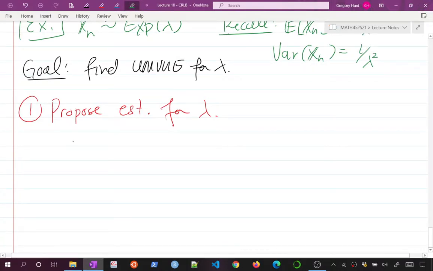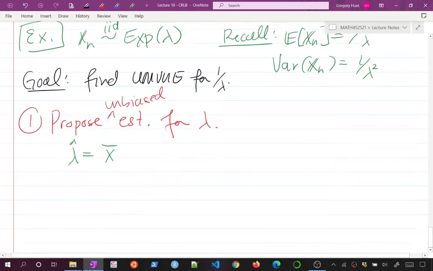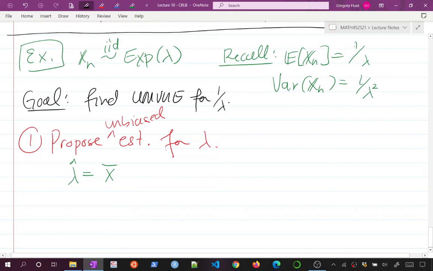I want an unbiased estimator. Let's not do that. Let's propose an unbiased estimator for 1 over lambda. Let's make our lives a bit easier this time, because that's the expected value. That's going to be a lot easier.